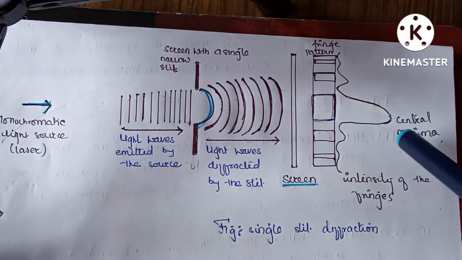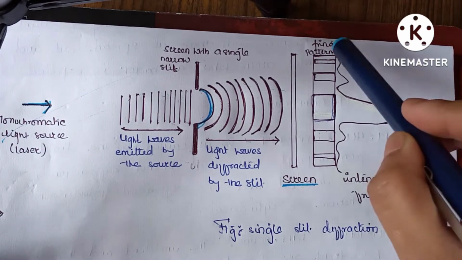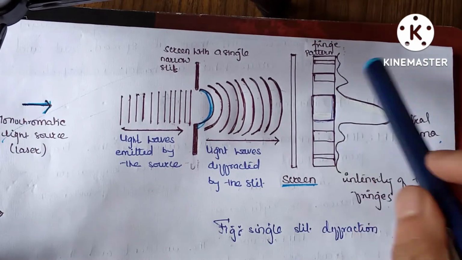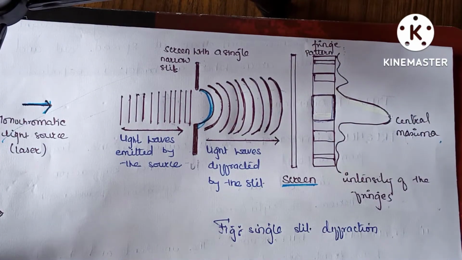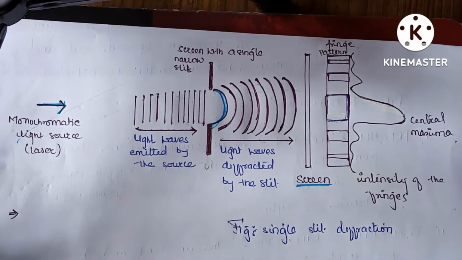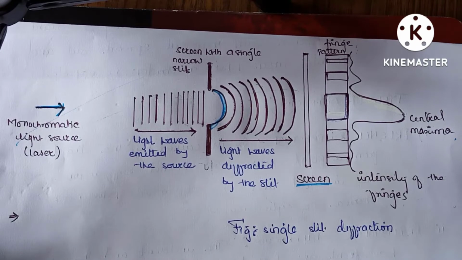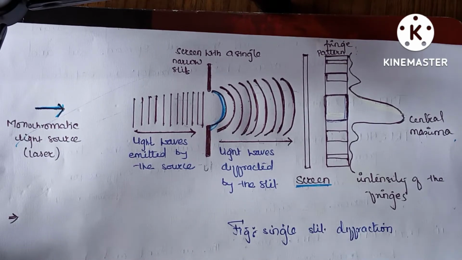As compared to both sides, we get the maximum intensity at the central maxima, a bright fringe. This was the brief explanation of the single slit diffraction.